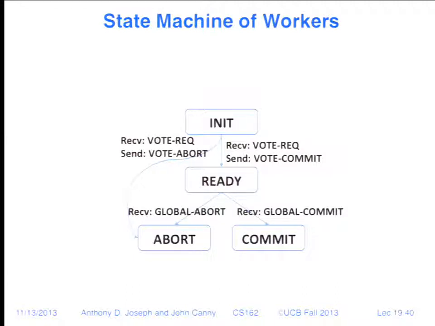So you decide at this point, if you abort, the worker nodes just abort at that stage. They don't continue in the protocol. If they're voting to commit, then they go into a ready state, which is another kind of wait state. So here they're waiting for the master node to send either a global abort message or the global commit message.